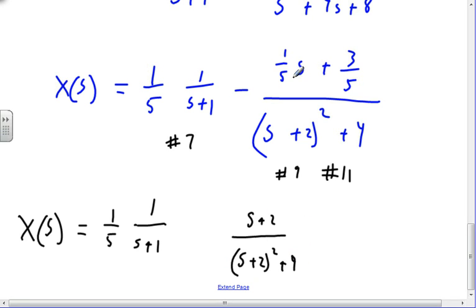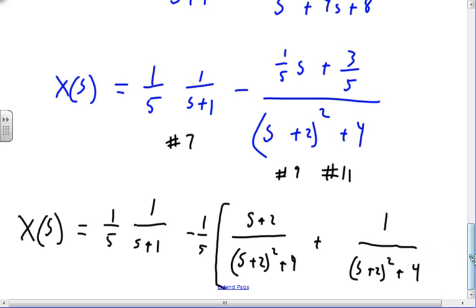Now, how am I going to get that? If I bring out the 1/5, so I got minus 1/5, then I've got s plus 3 on top. So that means I've got a 1 over s plus 2 squared plus 4 left over.